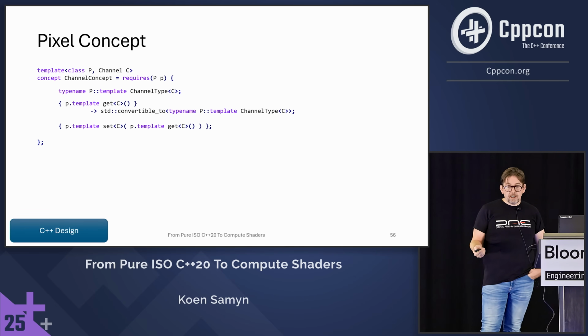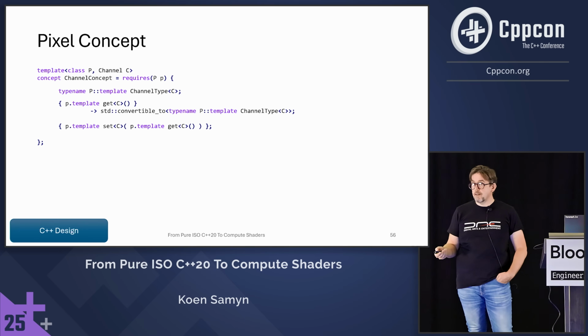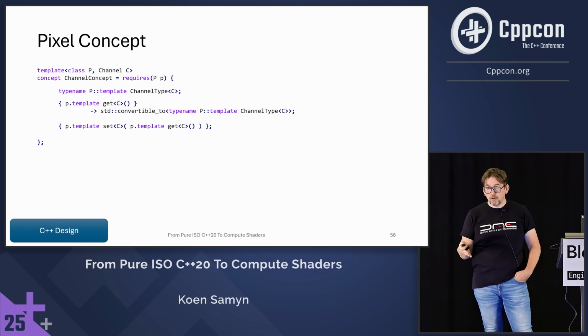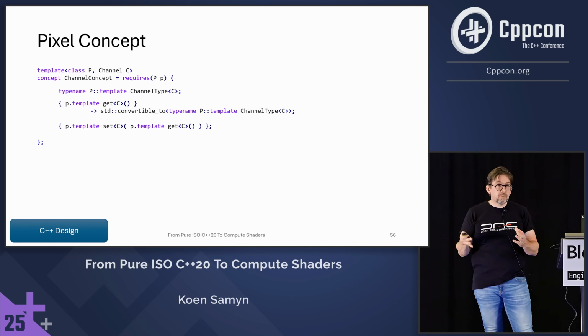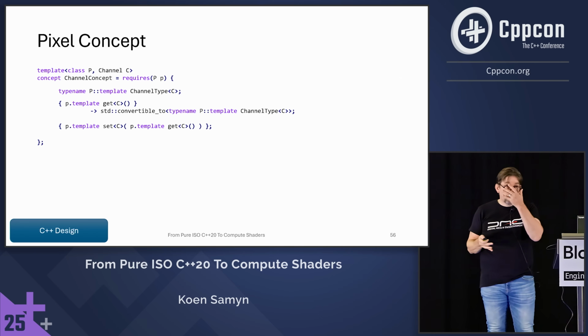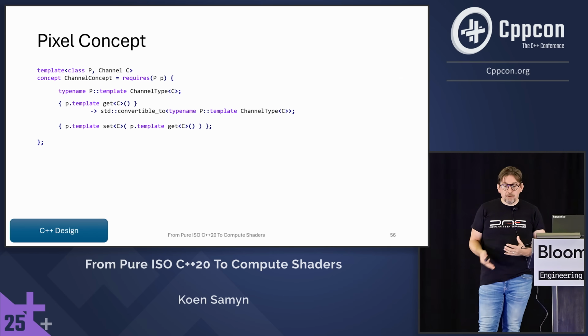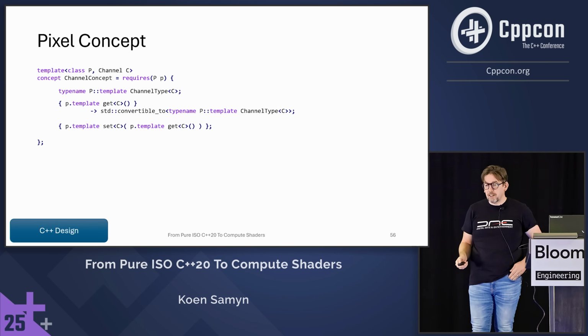So I have a pixel concept. I'm starting out with a channel concept. Also something that I think we need to be able to give to our students. So what does it require? That you get a type. The get function should be convertible to that channel type. And the set function is a bit easier. It just has to accept what the get function gives back.